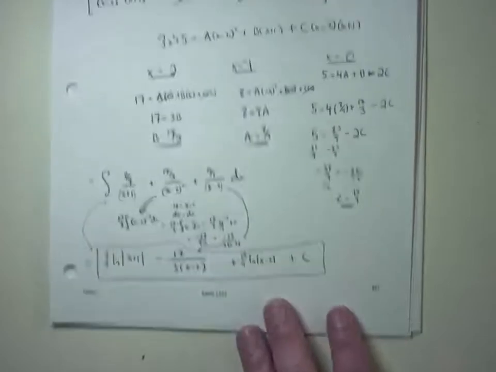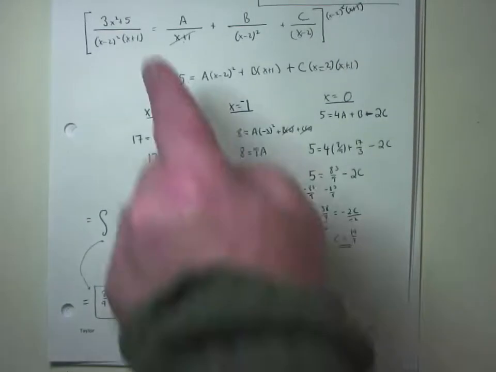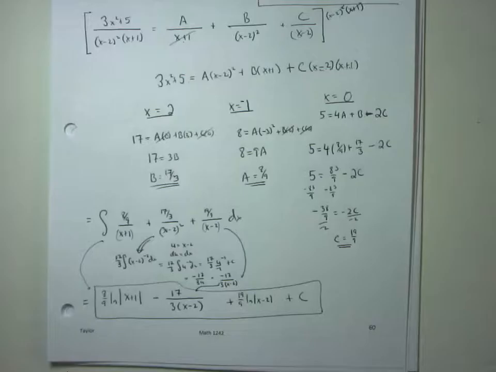So this tells me that the integral of that 3x squared plus 5 divided by x minus 2 squared times x plus 1 is going to be 8/9 natural log absolute value of x plus 1 minus 17 over 3 times x minus 2 plus 19/9 times natural log absolute value of x minus 2 plus c.